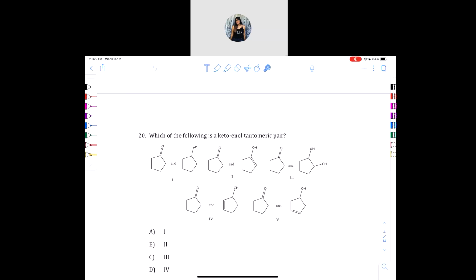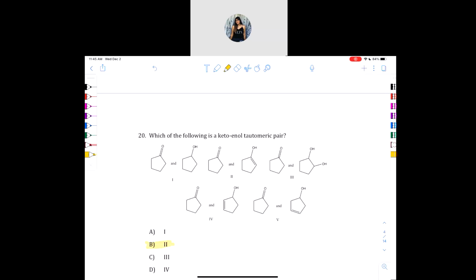Alrighty, so which of the following is a keto-enol tautomeric pair? What do you guys think? I believe it's graded for accuracy, not completion. That's what someone asked.